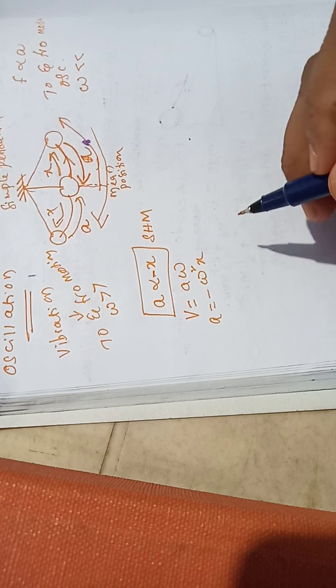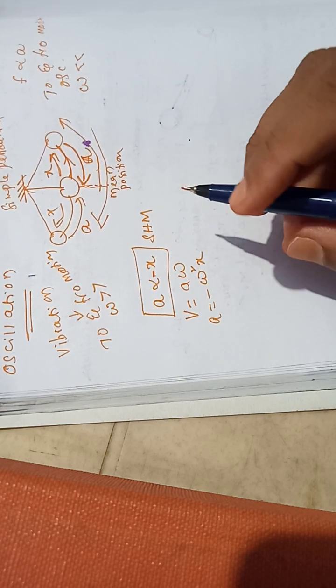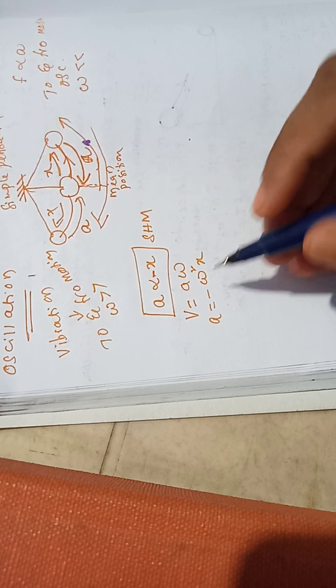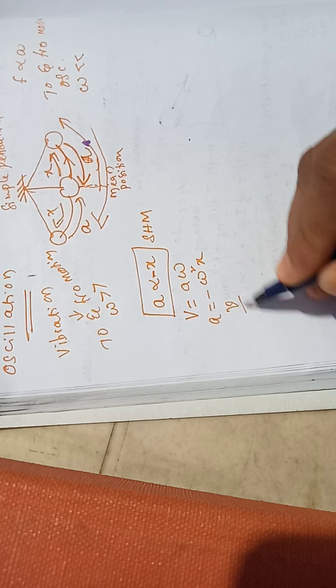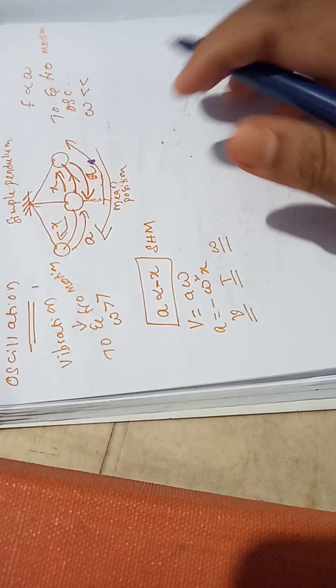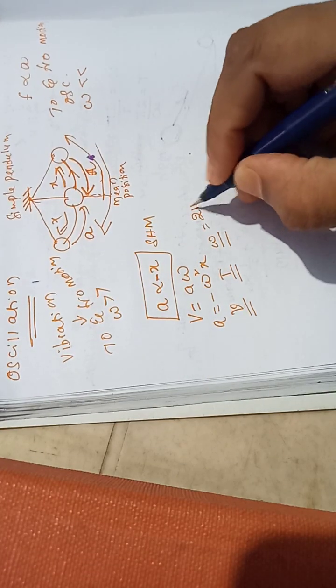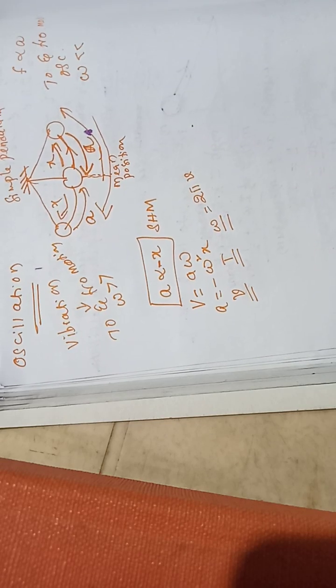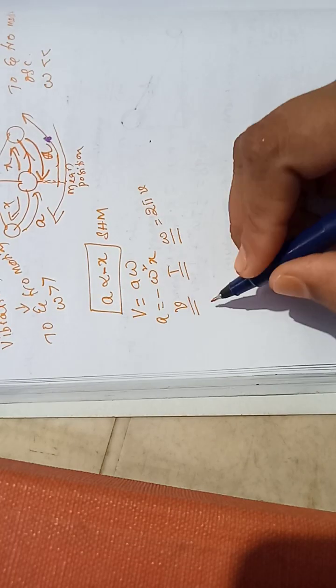Next formulas: already we defined the frequency and time period, and we wrote the formula for angular frequency. Right, next one, this we call amplitude.